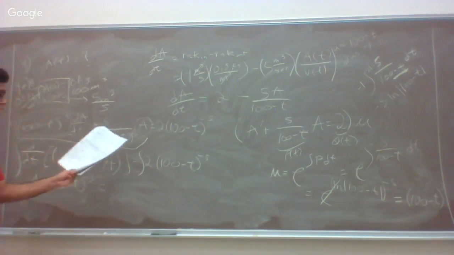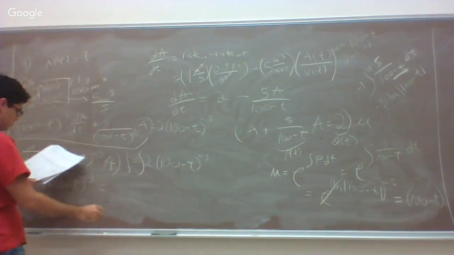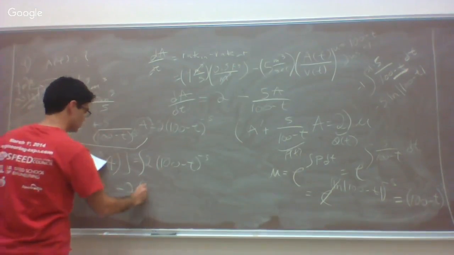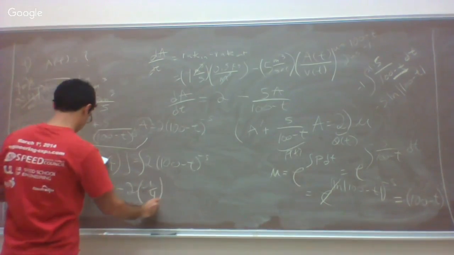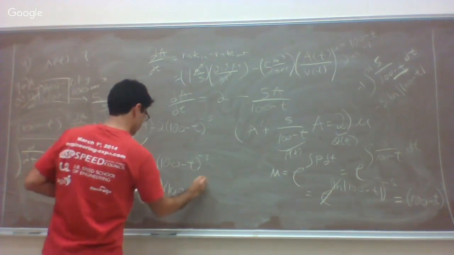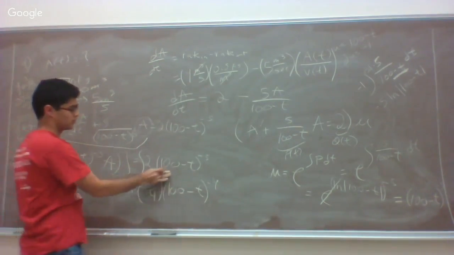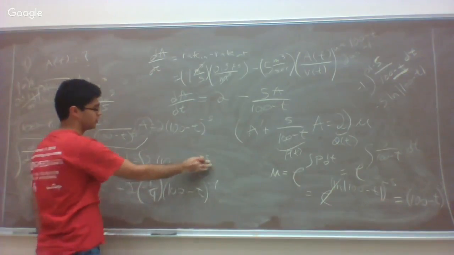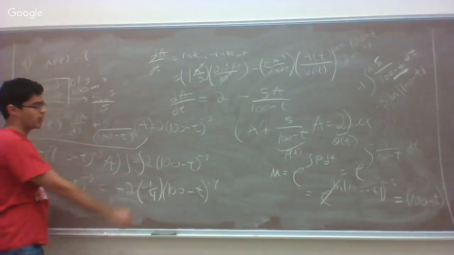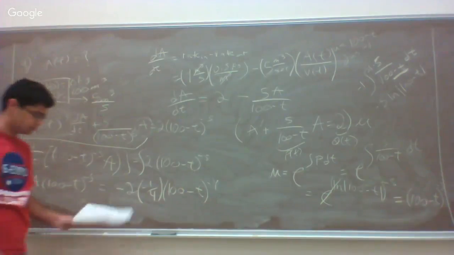On the right, I will have essentially a negative 2 times negative 1/4 times 100 minus t to the negative 4. Because the integral of 100 minus t to the negative 5 is 100 minus t to the negative 4 divided by a negative 4. But then I still have a negative t in here, so I multiply by a negative. So that is my integral plus C.